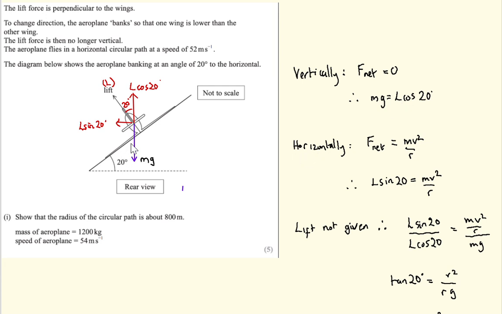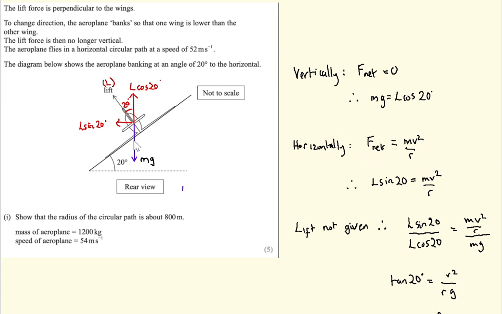Now, horizontally, the force due to the lift is pointing horizontally to the left. I'm interested in the horizontal component of the lift because I am producing a motion that's a horizontal circular path. So there must be a force towards the center that provides that net force.